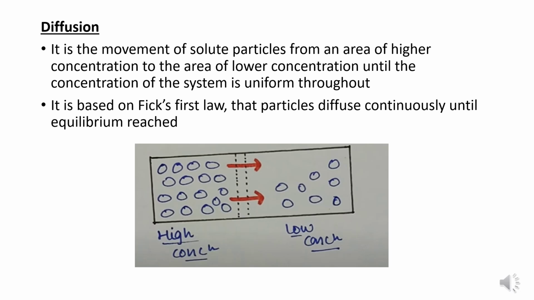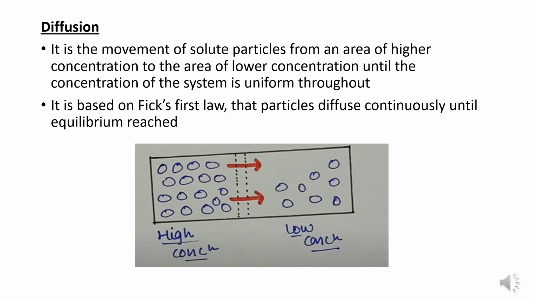So let us see the diagram. You can see a box over here, and the box is divided into two halves. The left side shows high concentration, and the right side shows low concentration. The left side shows many blue circles that represent solute particles packed closely together, and the right side, low concentration, has fewer particles.